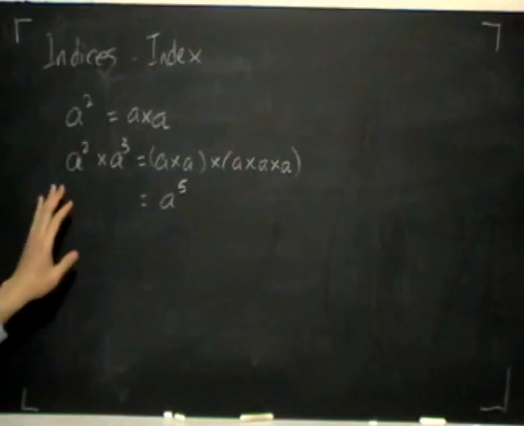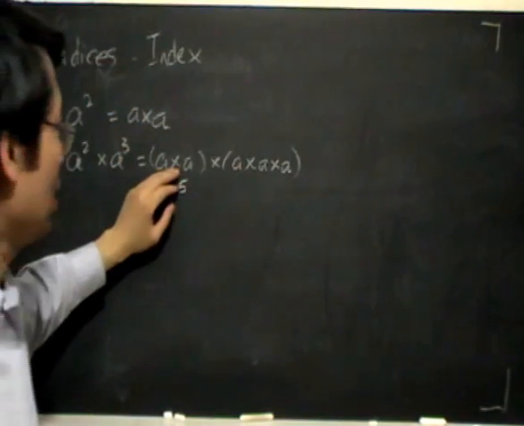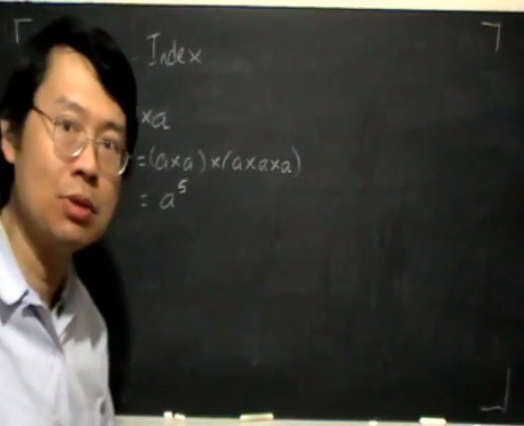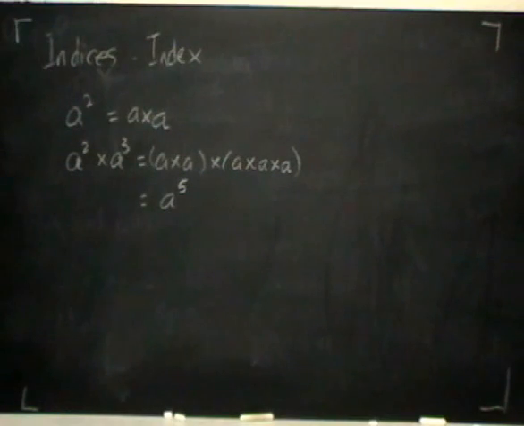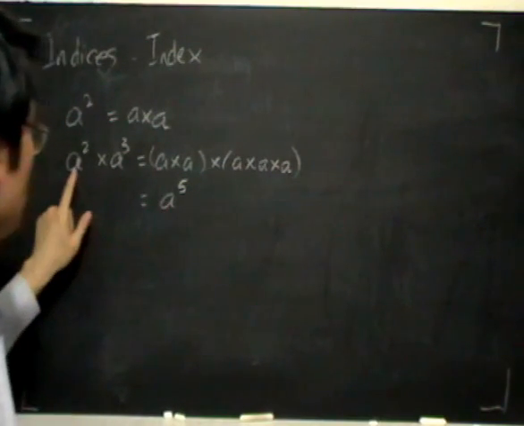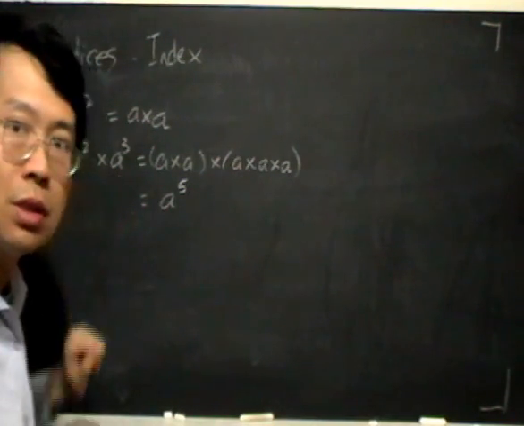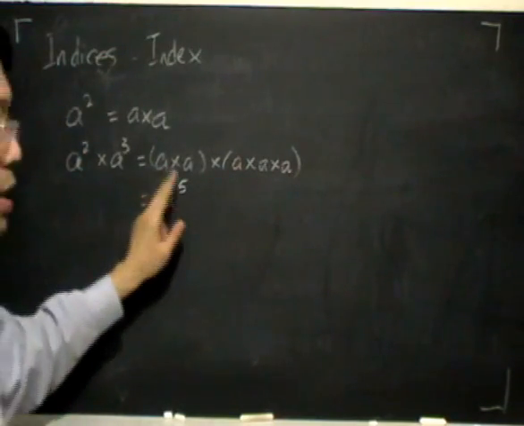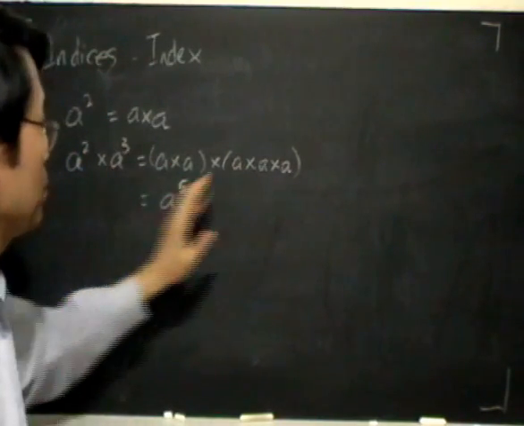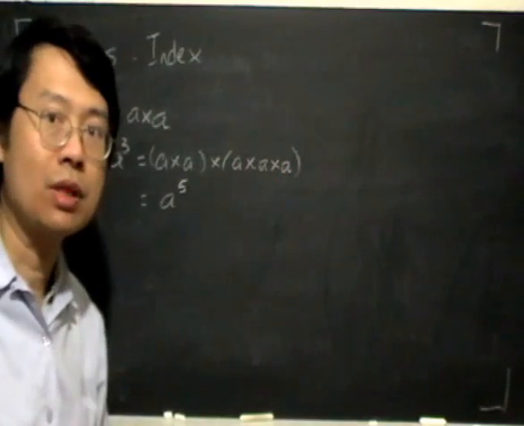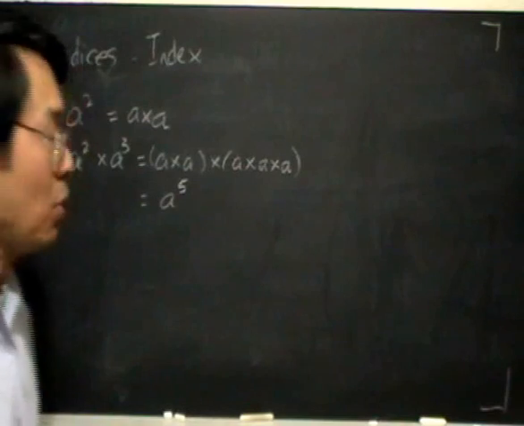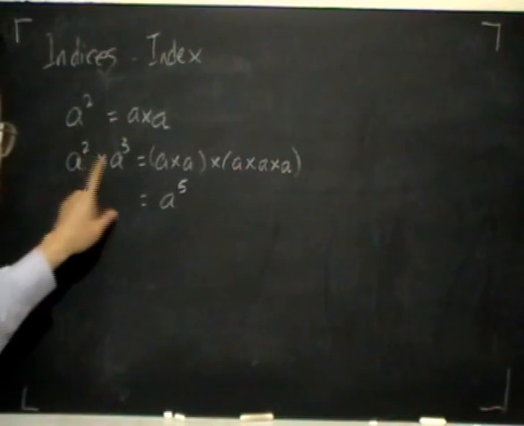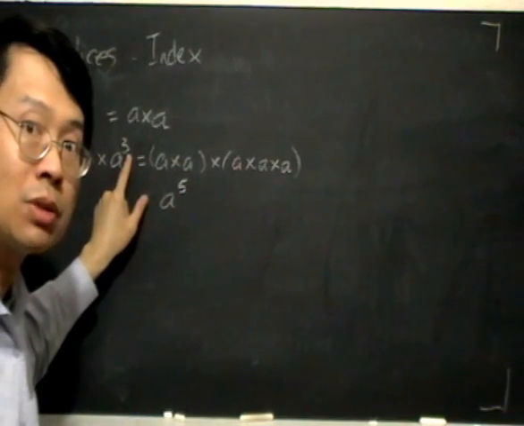Now, is there a quicker way to do it than to write the whole thing out and count the number of a's? There is, because if you look at a squared and a cubed, we already know that a squared means there are 2 a's and a cubed means there are 3 factors of a's. So rather than writing them out and counting them, all you need is to add up the powers.